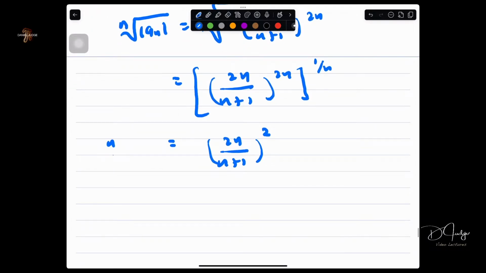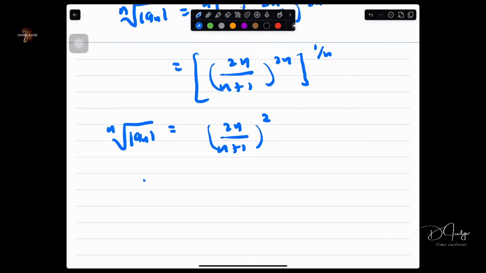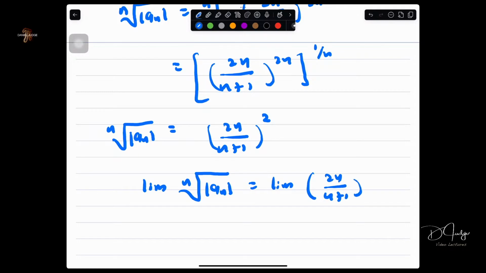So this is the nth root of the absolute value of an. So now, as you take the limit of the nth root of the absolute value of an, that's the limit of 2n over n plus 1 to the second power.